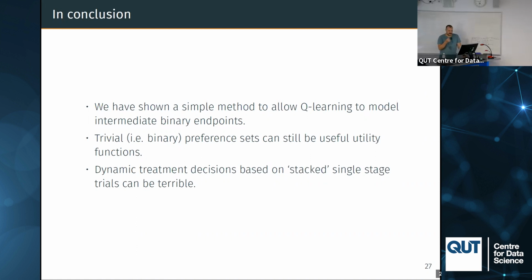I think this idea that decision-theoretic approaches can't be used because you can't decide on utility functions is a little bit misguided, because you can use fairly trivial utility functions to good effect. And that, like I said, the dynamic treatment decisions that get based on stacking single-stage trials could be really terrible. So yeah, thanks for listening.